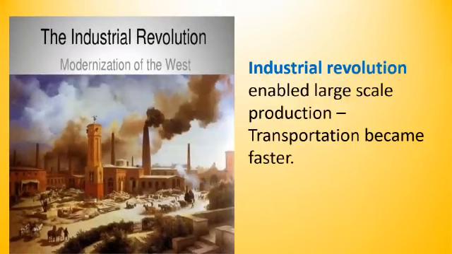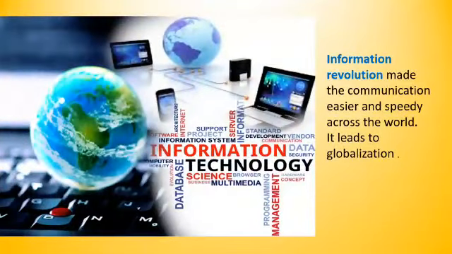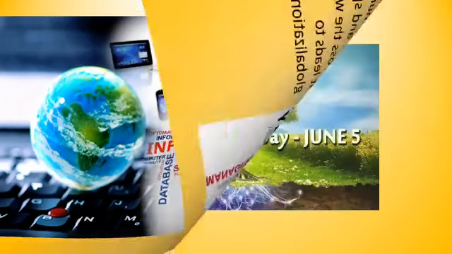Due to it, large production was made, transportation became easy, and market business started all over the world. Next, it led to the information revolution. Because of it, communication became easy across the world, leading to globalization. While sitting at home, you can talk to your relatives, your grandparents, in any part of the world. By sitting at home, you can see whatever is happening all over the world. It's all because of the information revolution.